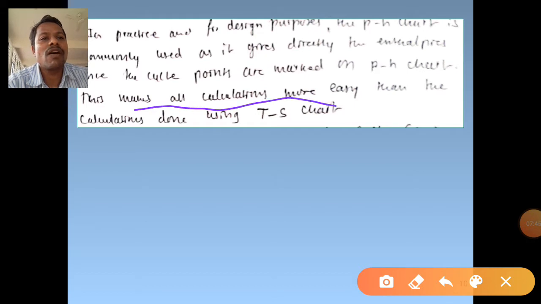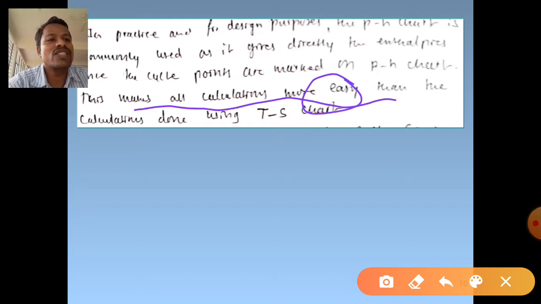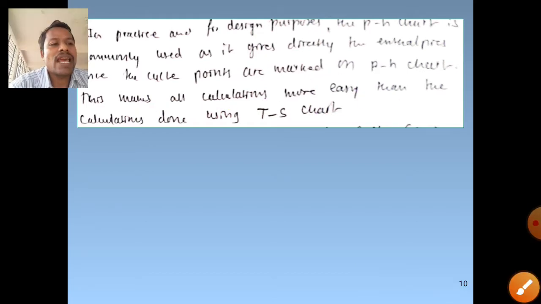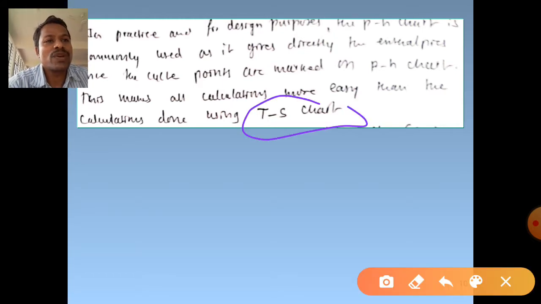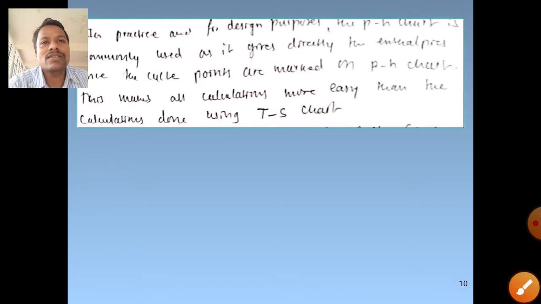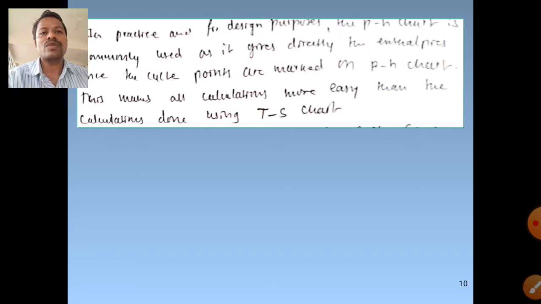This makes all calculations easier than the calculations using the temperature entropy chart. We have seen numerical solving using TS charts already, so it's a little mathematically oriented solution. So it was a time consuming job for us. Now you can simplify that job by solving the problems using the pH chart.